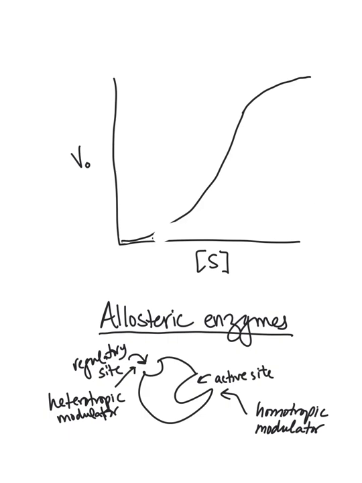And because most allosteric enzymes have subunits, they're showing this kind of cooperativity. There's multiple active sites, multiple regulatory sites, and so you'll have allostery being shown where the binding of one molecule affects the binding of another molecule.